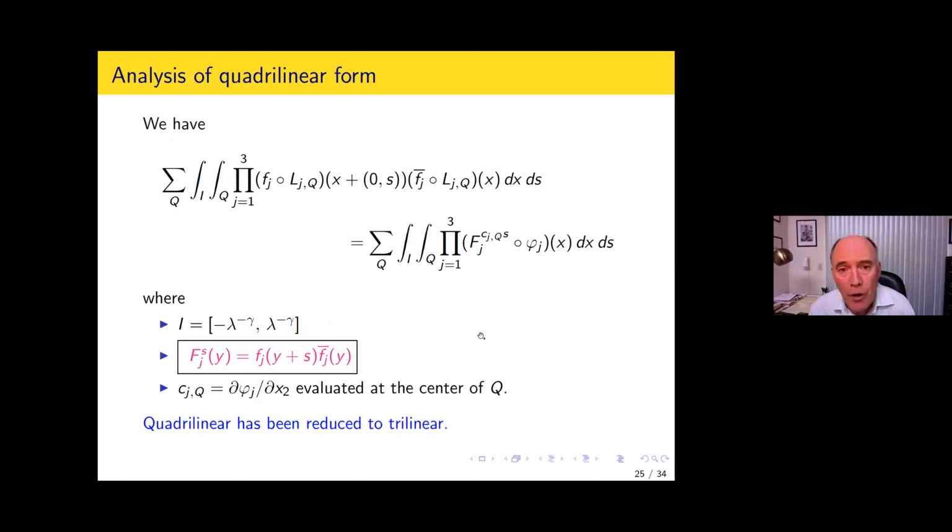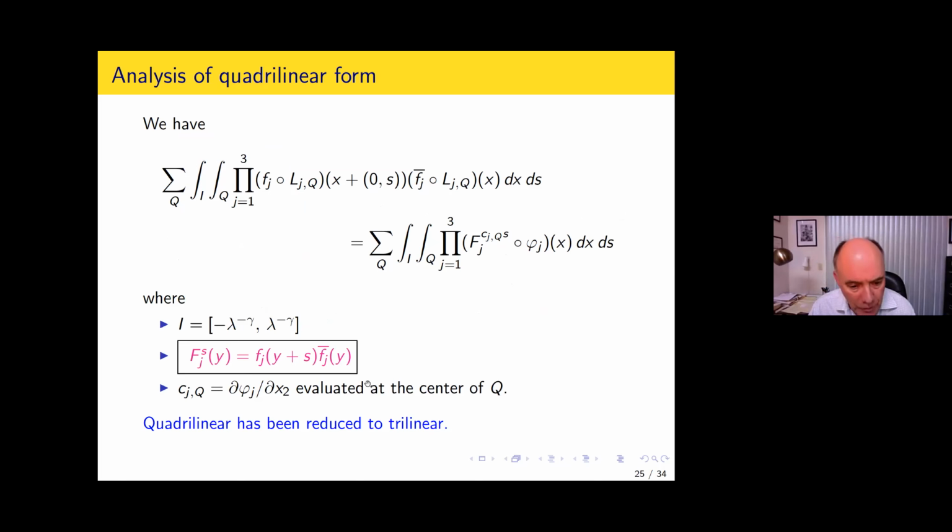So what we're going to do is view each 2-fold product as a single factor. So I have a sum over all the small cubes. For each small cube, I have an integral over an extra variable. I have also the integral over the cube, and I have a 3-fold product with factors that are 2-fold products. So I'm going to define capital F sub j to be a product of 2 little f sub j's.